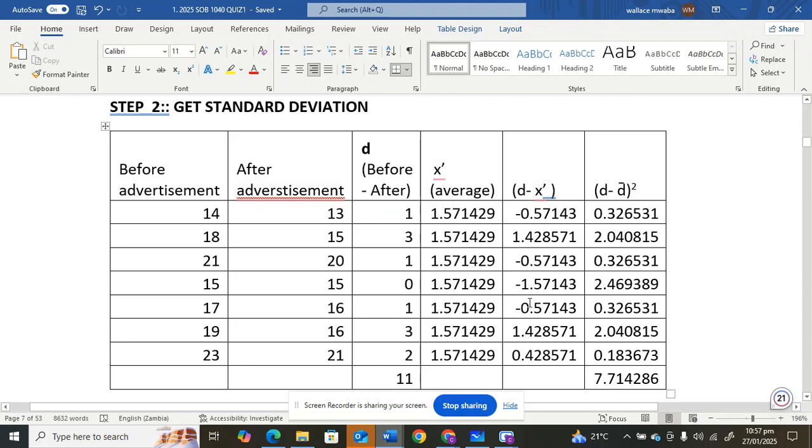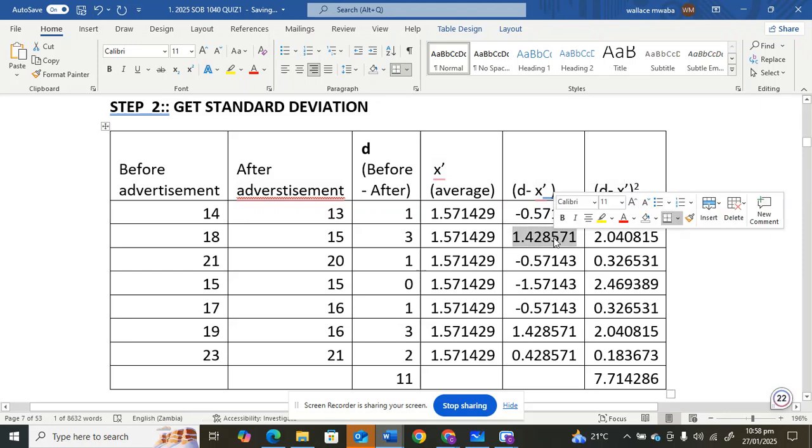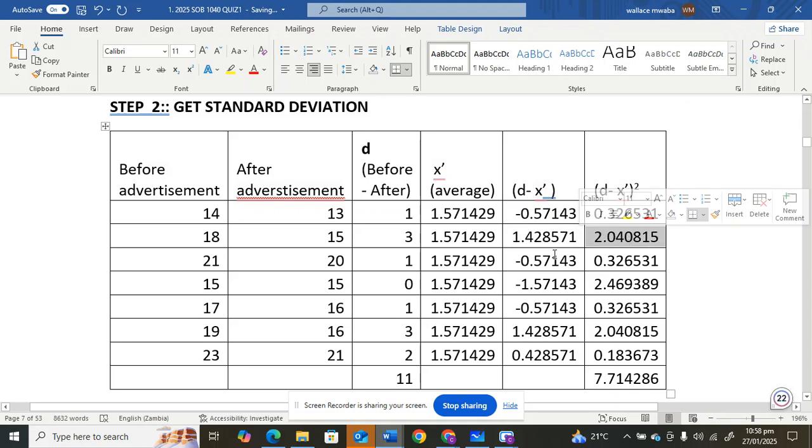After you subtract the difference from the average, you square. This is this last column here. So negative 0.57 squared will give you this. 1.42 squared will give you this.